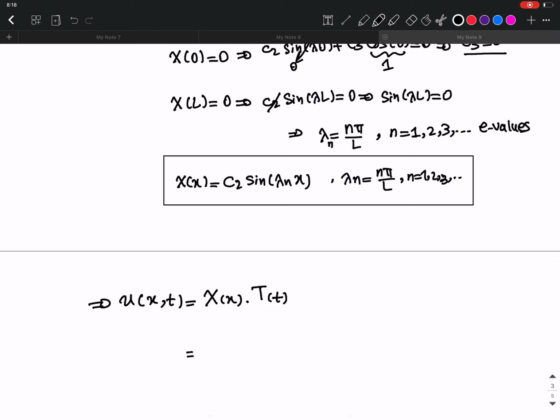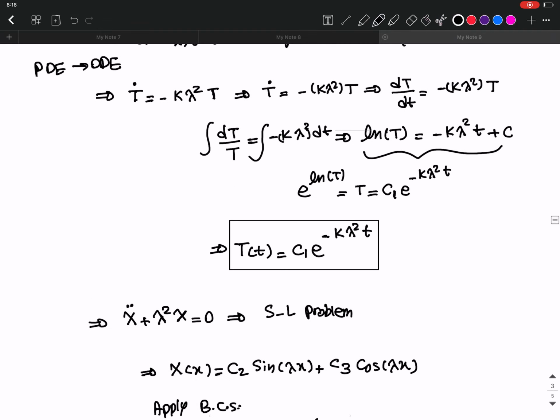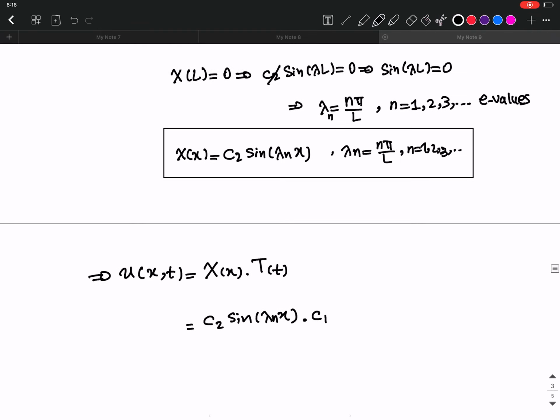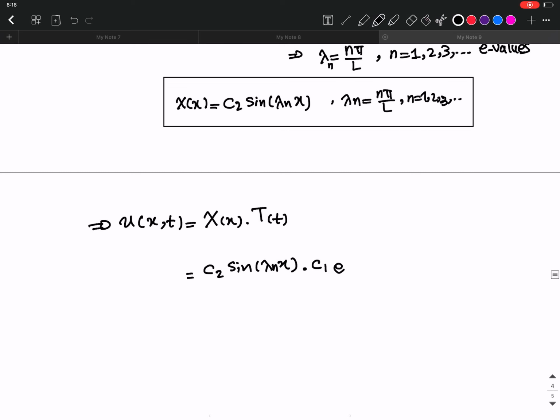First, I'm going to start with X. So X is going to be c2 times sine lambda n x times c1 times e to the minus k lambda n squared t.